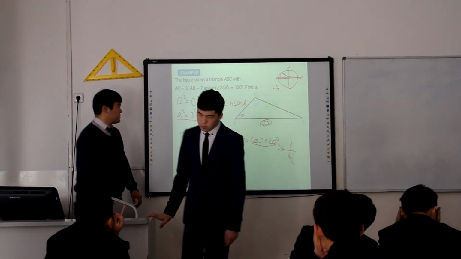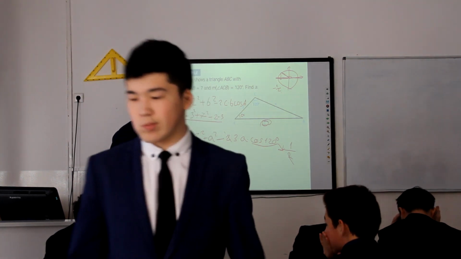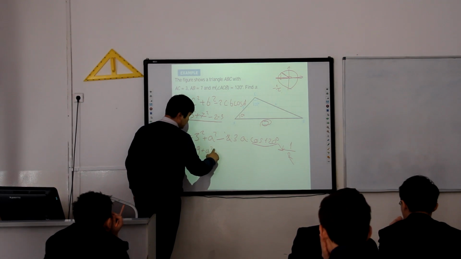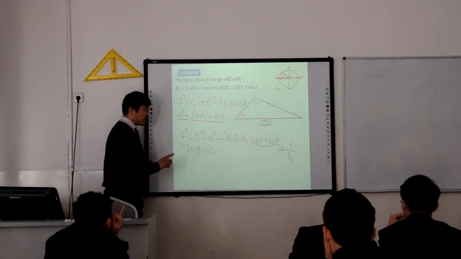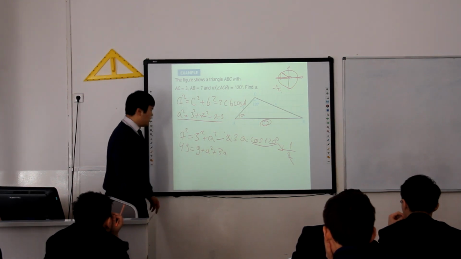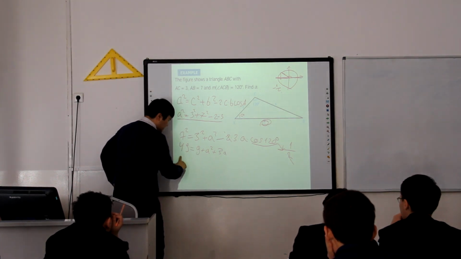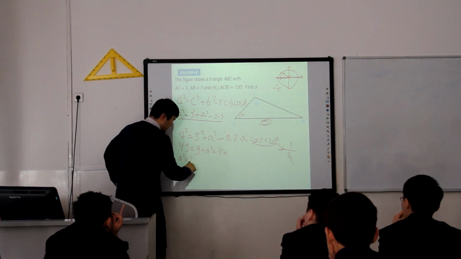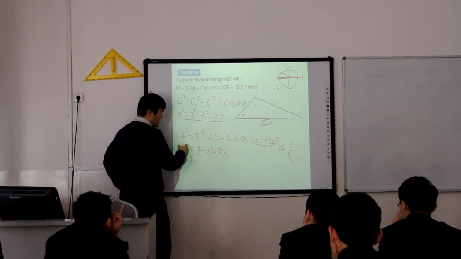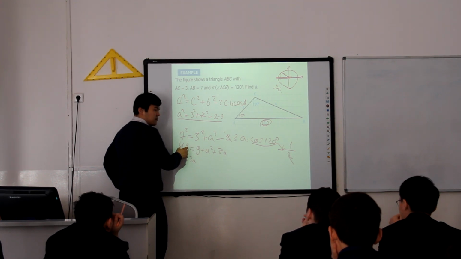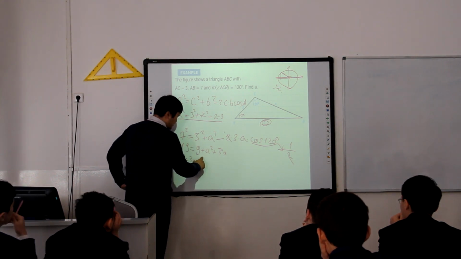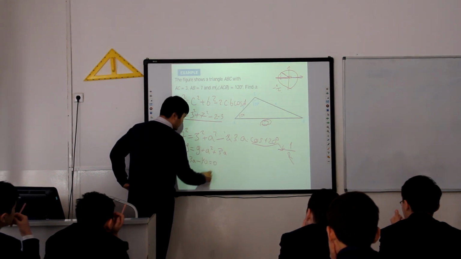Here, 49 is equal to 9 plus a squared plus 3a. I will write a squared plus 3a minus 40 is equal to 0, because when 49 moves to the right side of the equation, it becomes minus 40.